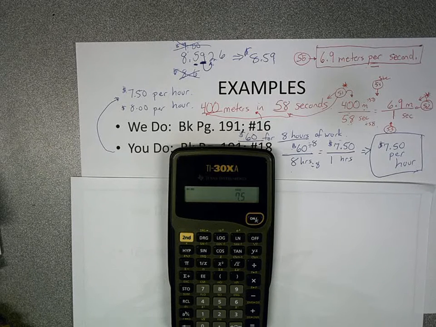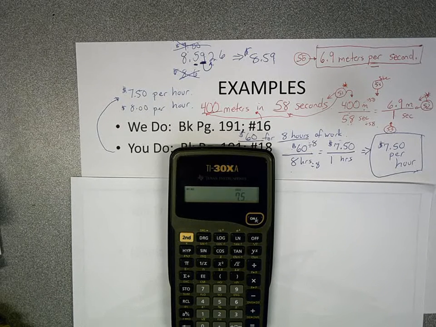So you could just shorten it by saying $7.50 per hour. You don't have to put "of work." I mean, if you want to put "of work," I'll give you a high five later, a little extra credit, but not points, just high five extra credit. No, but you don't have to. Yeah, that's fine. $7.50 per hour.